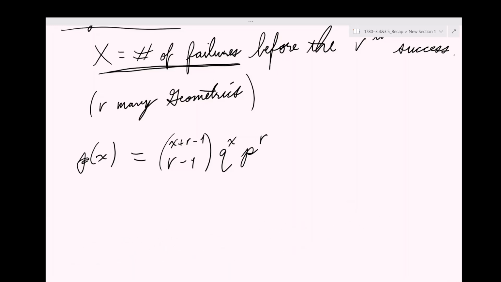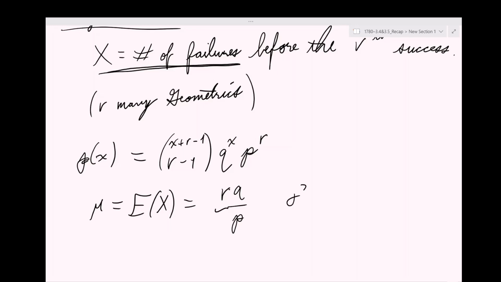Okay, so we did all that. For expected value and variance, once you understand geometric, those are actually quite easy. For expected value, we just have the expected value for the geometric, which was q over p, except we have r many geometrics, so it would just be rq over p.